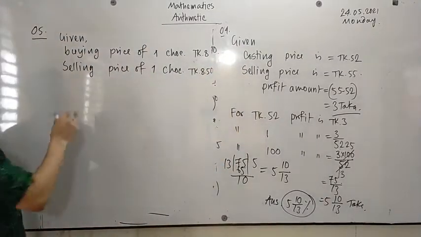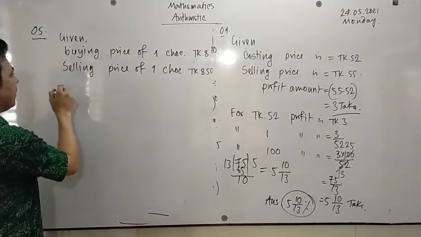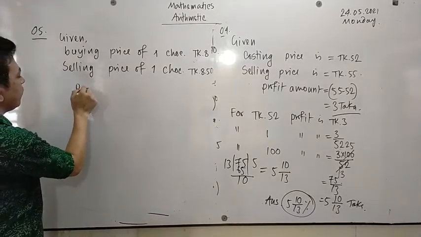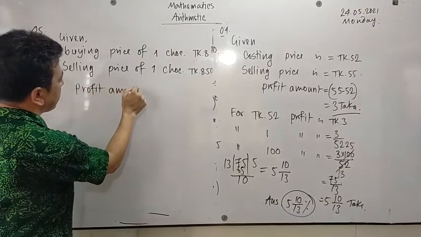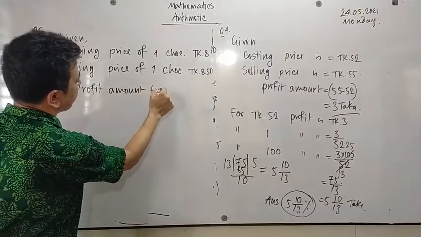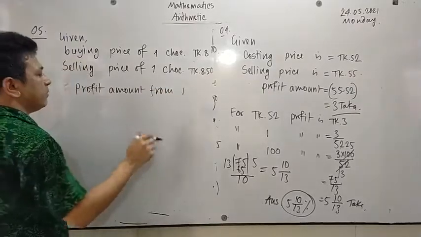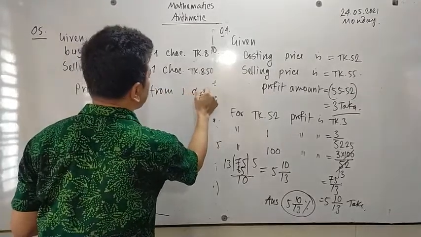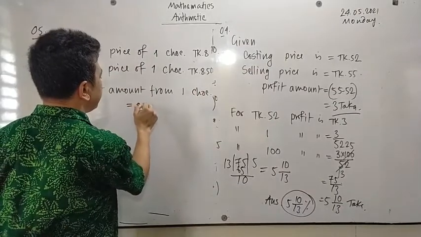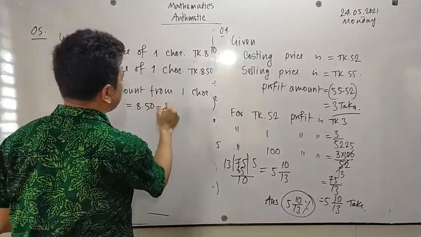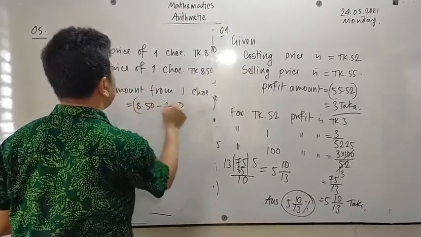So what is the profit here? The profit amount from one chocolate equals 8.5, selling price minus buying price, very easy chapter, I think.